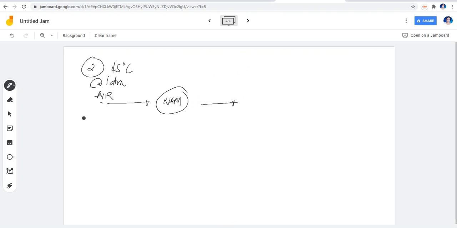Now, the velocity of air is also given to be 0.305 meters per second. And we're given the naphthalene diameter, that's the particle, which is 0.0254 meters. And the diffusivity at 45 degrees Celsius is 6.92 times 10 raised to negative 6 meters squared per second.